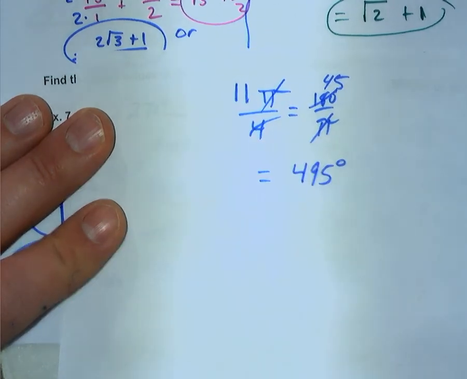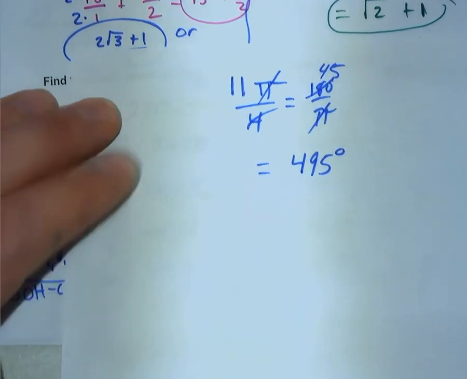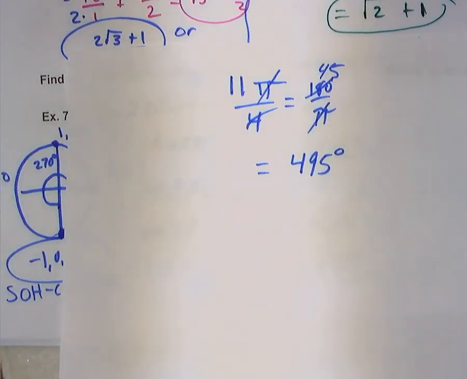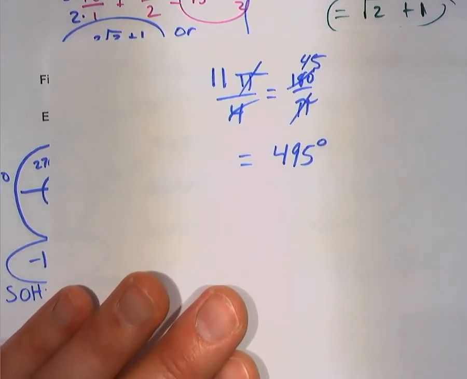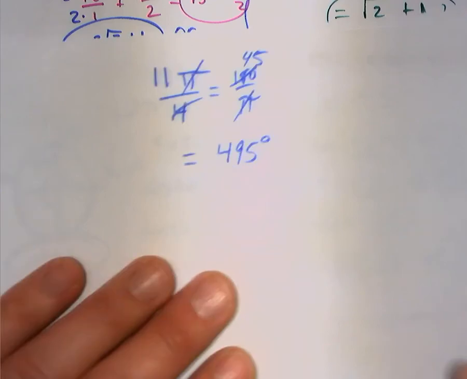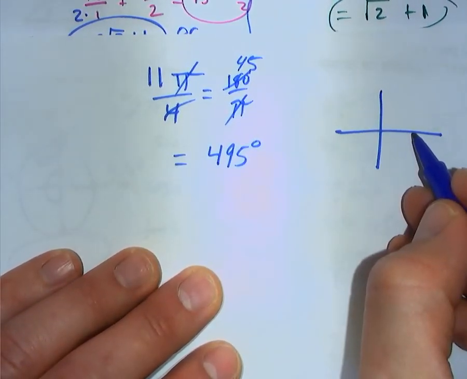Whoa! That's pretty stinking big, right? Well, 495 is way past 360, right? Well, it's a circle, right? It starts replicating after 360 degrees. So if you think about it, 495 is just the same as what?